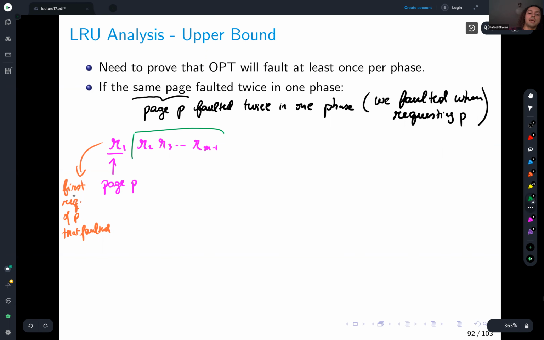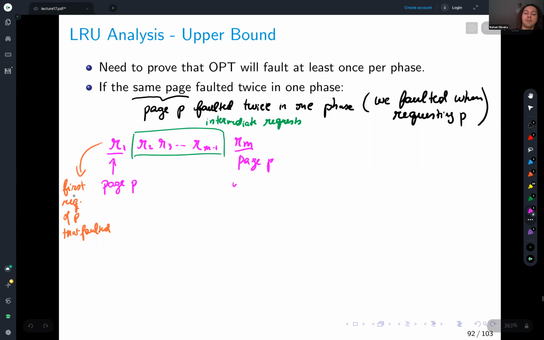These are the intermediate requests. And then at request RM, we requested page P again, and faulted again.